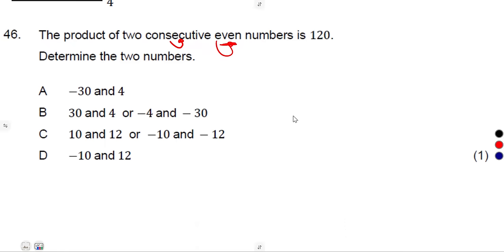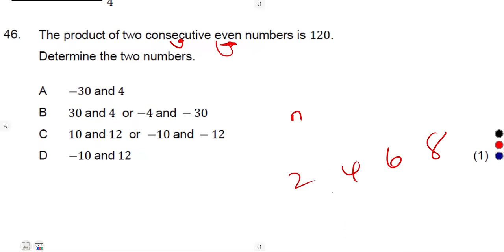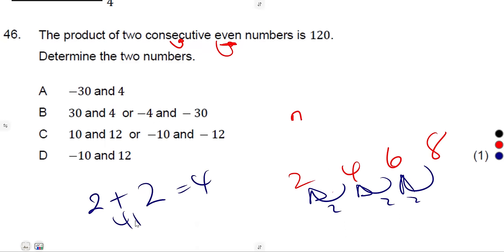So if the first even number is n, because they follow each other 2, 4, 6, 8, what is the fact about these even numbers? There is a difference of 2 throughout. So if the first number is 2, I add 2, I'm going to get 4. 4 plus 2, 6, and so on. 6 plus 2, 8. 8 plus 2, 10.